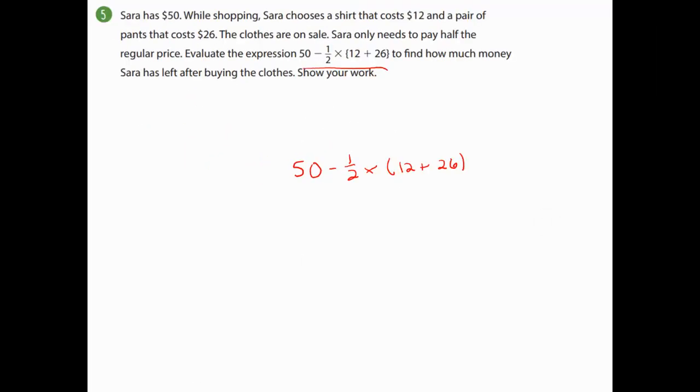Right, I've got parentheses first, so I have 50 minus 1/2 times 12 plus 26 is 38. Now, I have subtraction and multiplication. Well, multiplication comes first, going from top to bottom. So I have 1/2 times 38, which is going to be 19. So 50 minus 19 is going to be 31. So 31 is going to be my answer there.